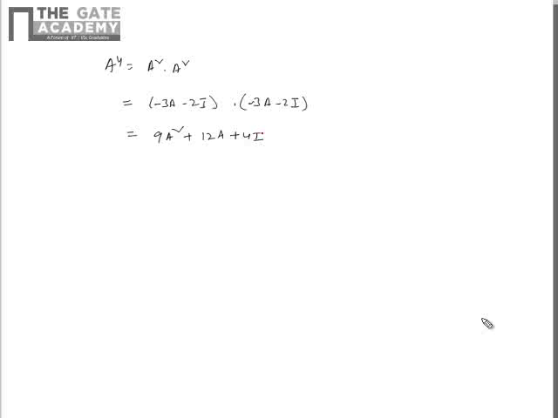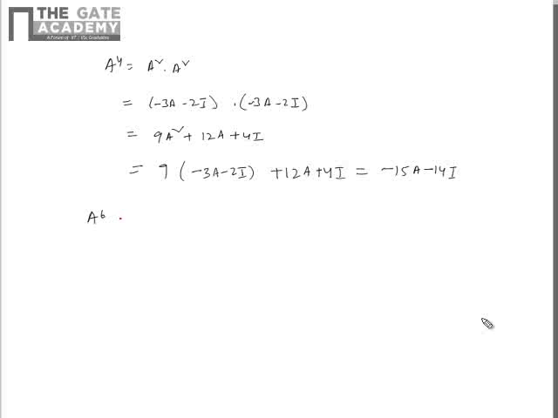Now everything has to be in terms of A, so all the A square terms I can always write as minus 3A minus 2I. So plus 12A plus 4I, and if I simplify, it becomes minus 15A minus 14I. This is A power 4.